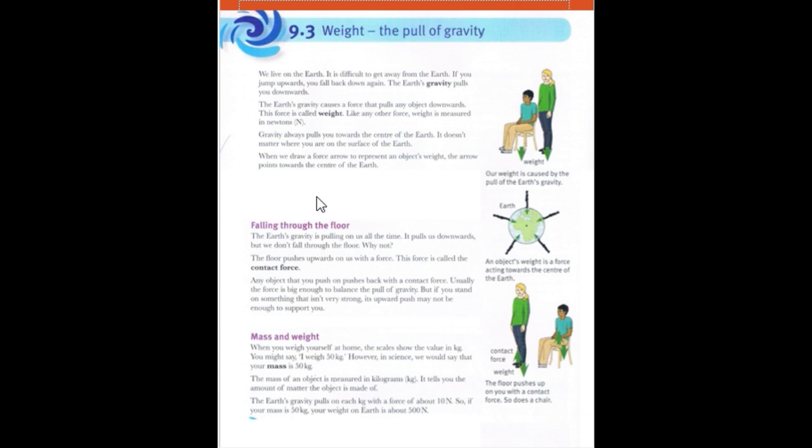Another concept, students, falling through the floor. The earth's gravity is pulling on us all the time. It pulls downward, right? But we don't fall through the floor. Why not? The floor pushes upward on us with a force, students.